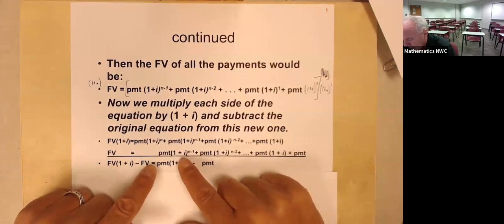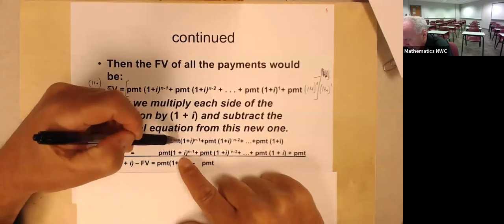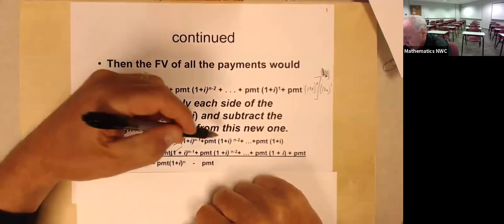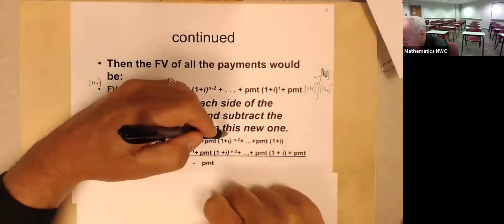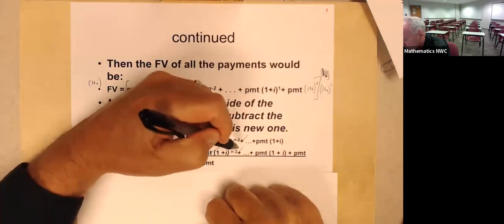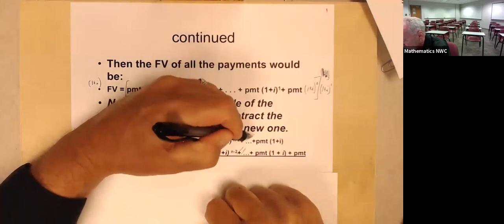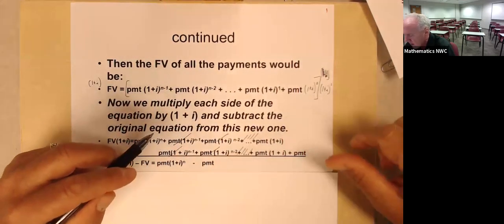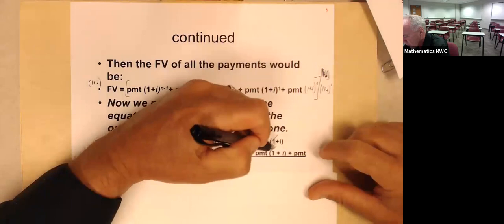This first amount is identical to this one, which means it would cancel. The second amounts were identical. They would cancel. The third amounts aren't written, but they would have canceled. The fourth would have canceled. The fifth would have canceled. The 78th would have canceled. However many there are, this one would have canceled.